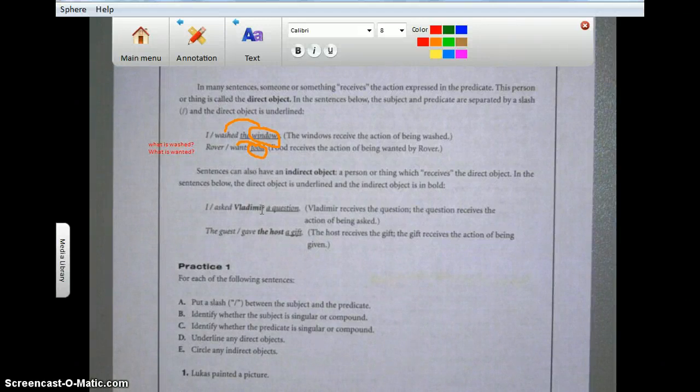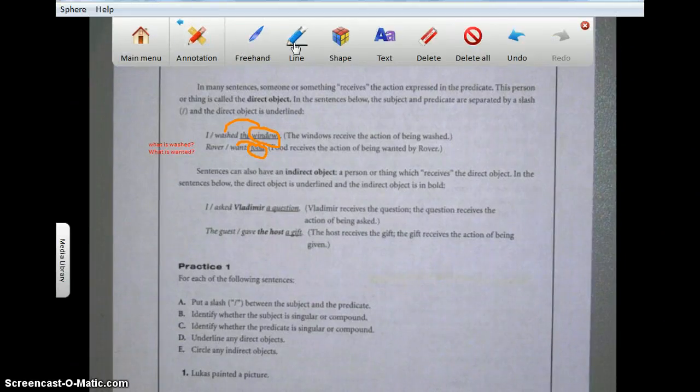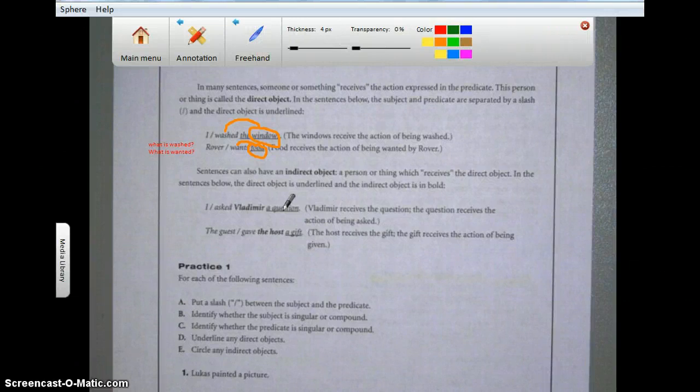So if we move down here, a sentence can have indirect objects: a person or thing which receives the direct object. In the sentences below, the direct object is underlined, and the indirect object is bold. So, I asked Vladimir a question. Vladimir receives the question, and the question receives the action of being asked.